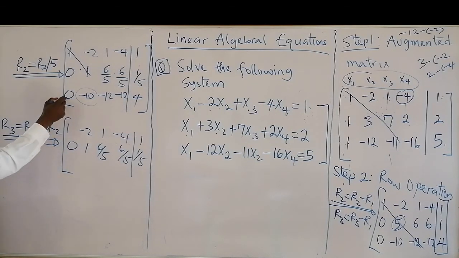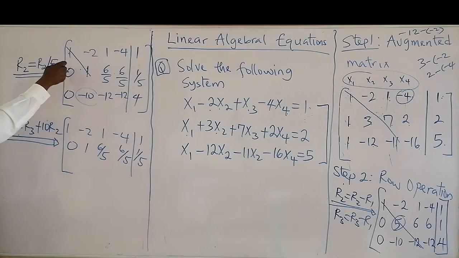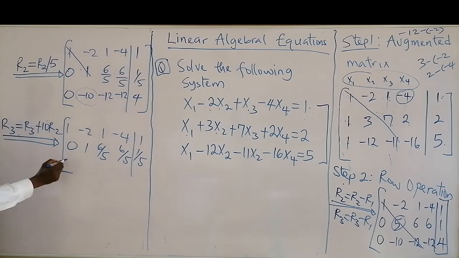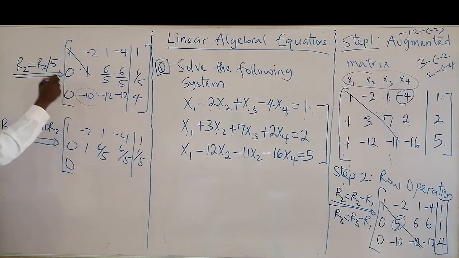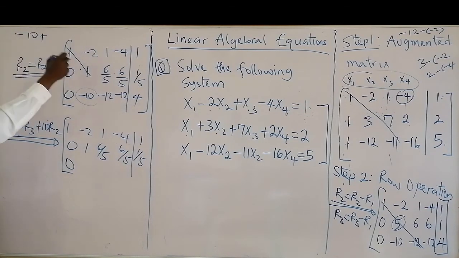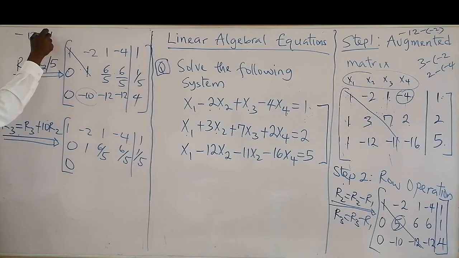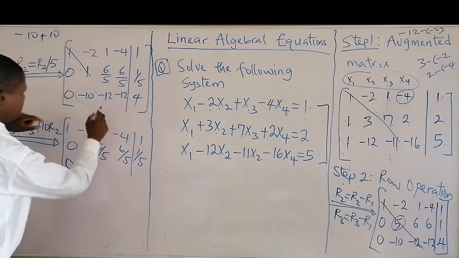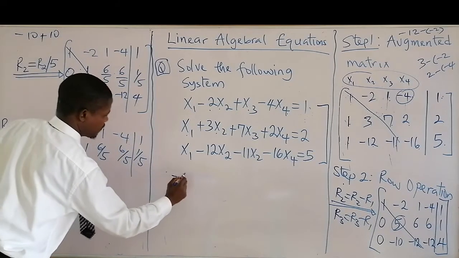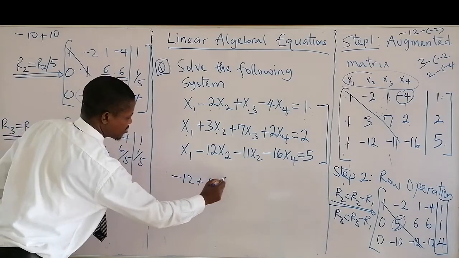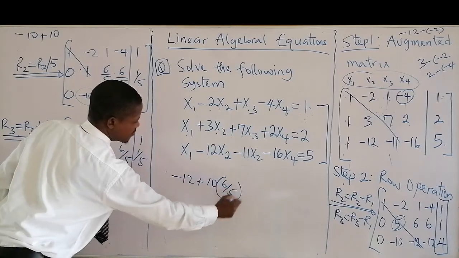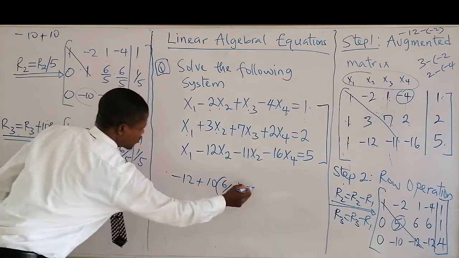So then we have 1, minus 2, 1, minus 4. Then 0 plus 10 times 0, that's 0. Here, minus 10 plus 10 times 1, that's 0. So this place is 0. Here, minus 12 plus 10 times 6 over 5, that will give us 0.